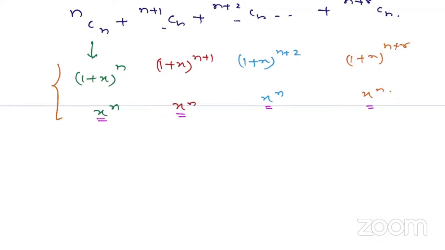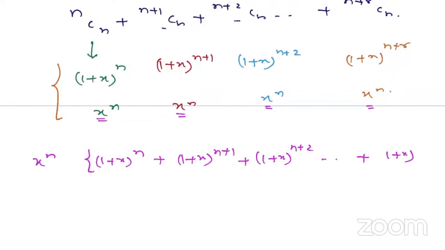So we can write: find the coefficient of x to the power n in the expansion of (1+x)^n plus (1+x)^(n+1) plus (1+x)^(n+2) up to (1+x)^(n+r). Hope everyone is getting this.